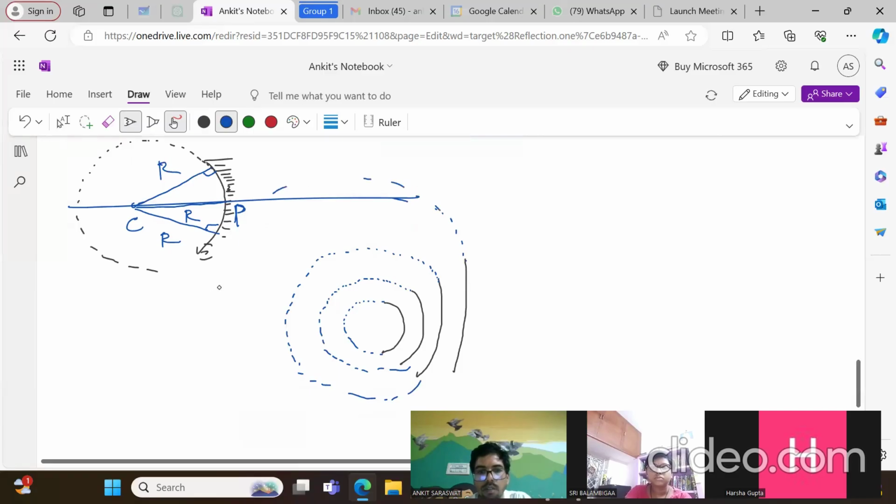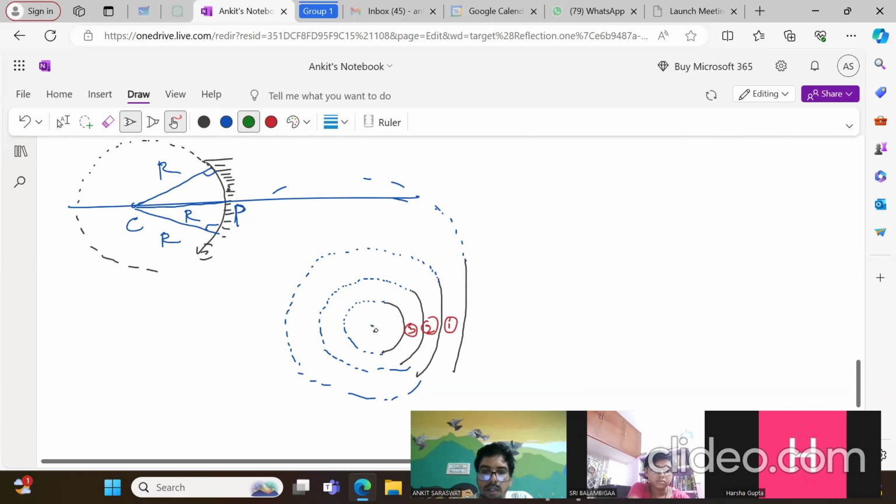Or like this, it is very big. Now tell me, all these spheres: first, second, third. All are mirrors. Every mirror has a common center. Clear? Yes, sir.